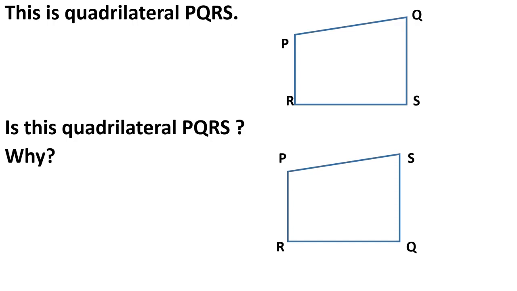After P it is written S, then Q, and after that R. So either we write PSQR, or we change the names: in place of S we write Q, in place of Q we write R, and in place of R we write S. So it is not quadrilateral PQRS.